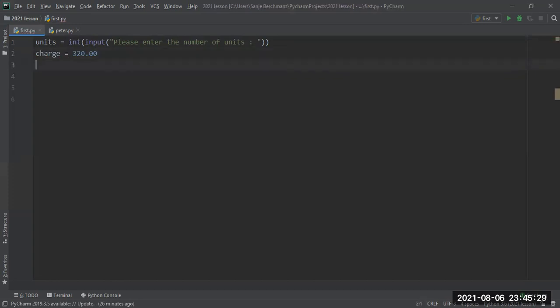Now, after you input the units, if units is greater than 100, that is what we are going to check first. The else part is also there. So what are we going to do if the units are greater than 100?